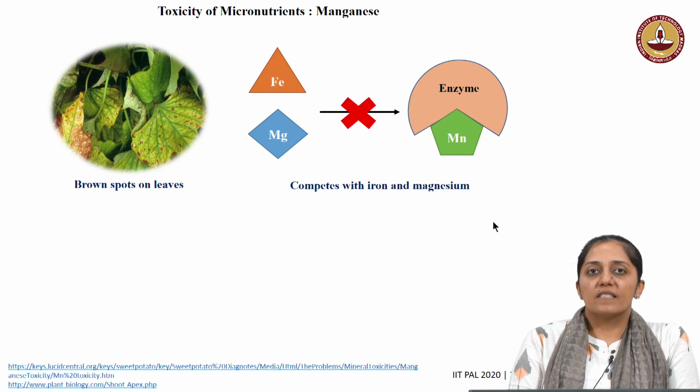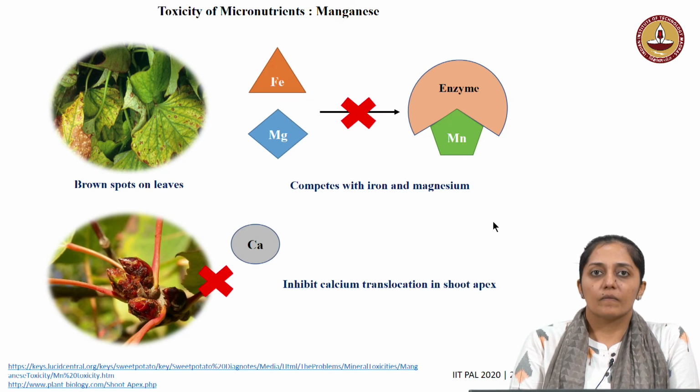When manganese is present in toxic limits, then it can act as a competitive inhibitor, where it competes with magnesium and iron and binds with the enzymes and inhibits the activity. Excess of manganese also inhibits calcium translocation in the shoot apex region.